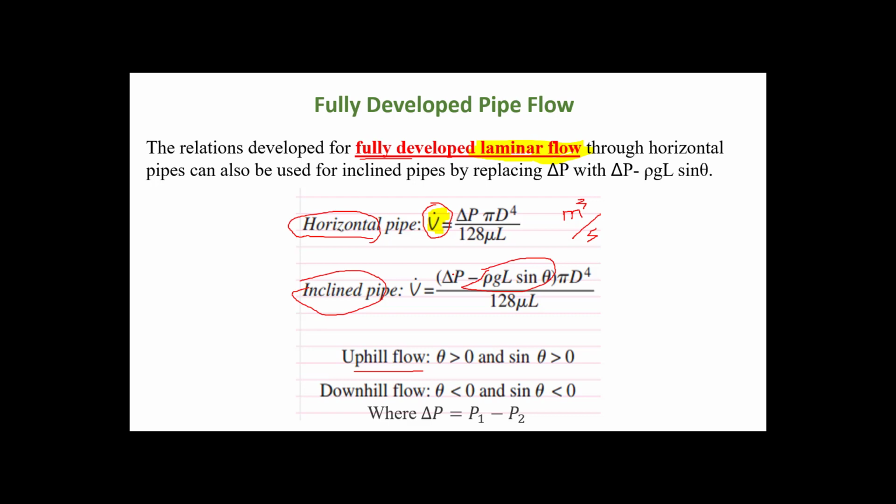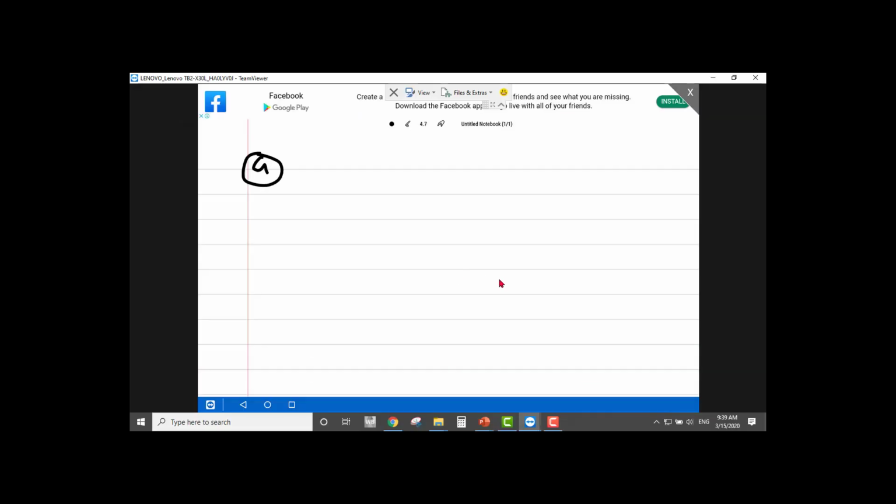So the equation told us that V dot equal delta P times pi D to the power 4 divided by 128 mu L, and this is equal.